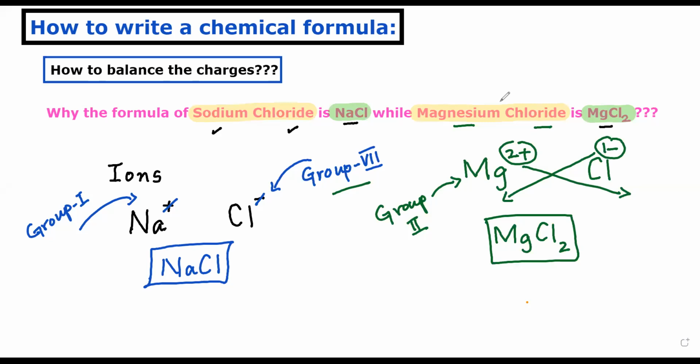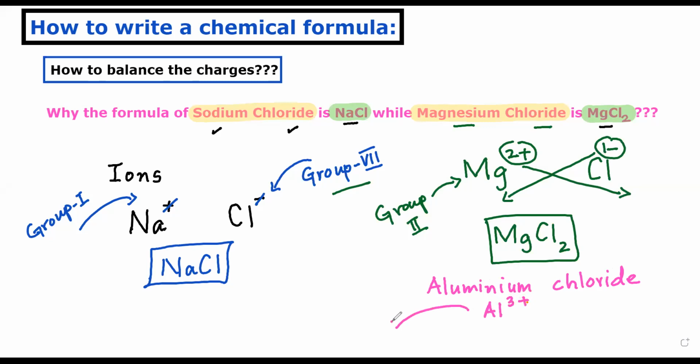Now that we have had a look at the valency table, we already know how these charges are balanced. Let's do one more example, which is aluminium chloride. You already know that aluminium's charge is Al3+, right?